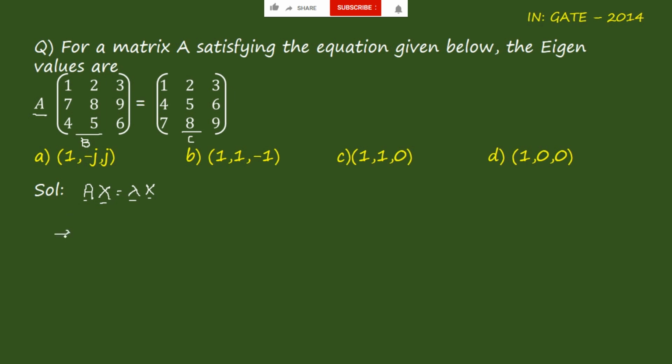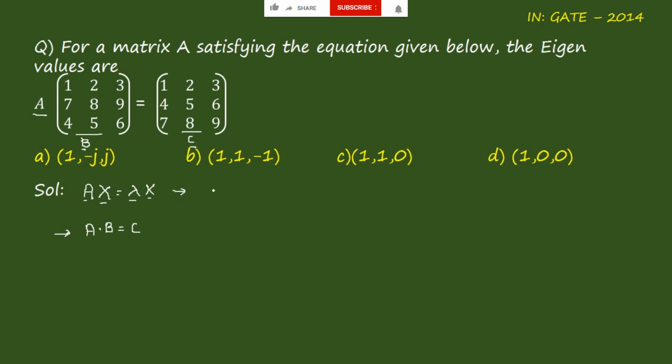Now if you see here, B and C are different and the lambda value has not been given. When you compare this with this particular matrix, what they have given is A into B is equal to C, right? Now what we do in this particular case is find the determinant.